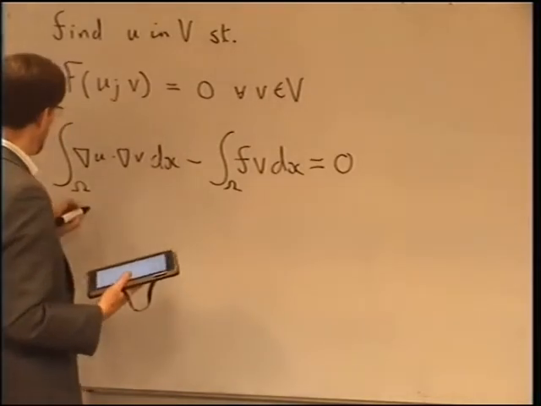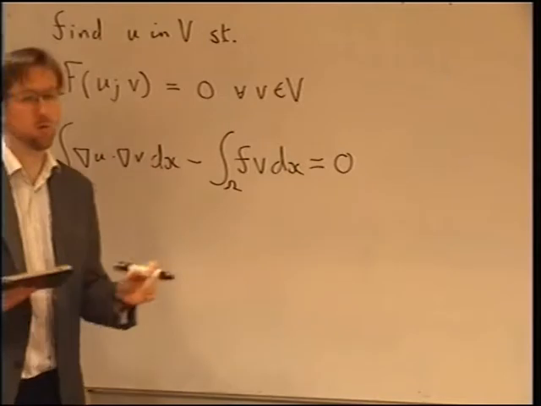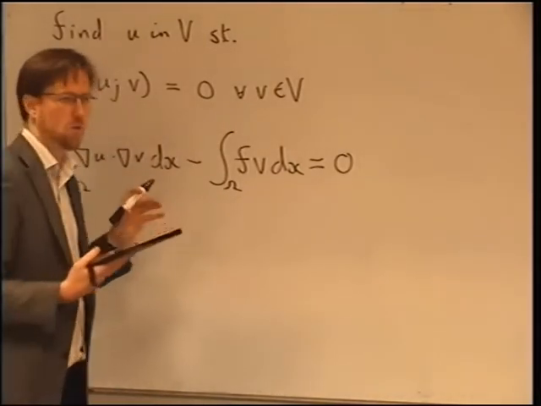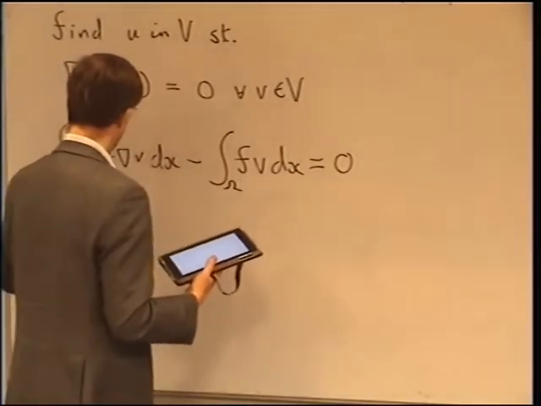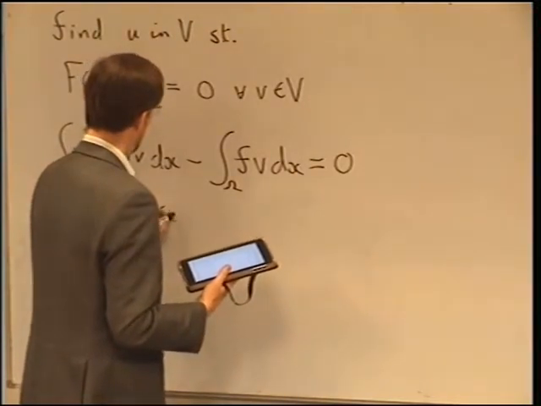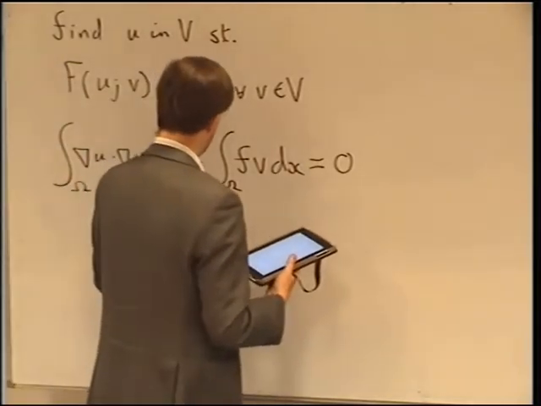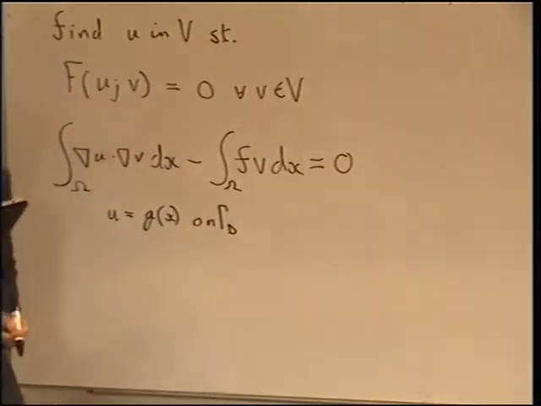And we assume that part of that boundary, which might be all of it, but some part of that boundary, is a part over which we wish to set the value. So we wish to impose a boundary condition of the form u is some known function g of position x, and that's true on gamma D, which we will assume is some part of the boundary.